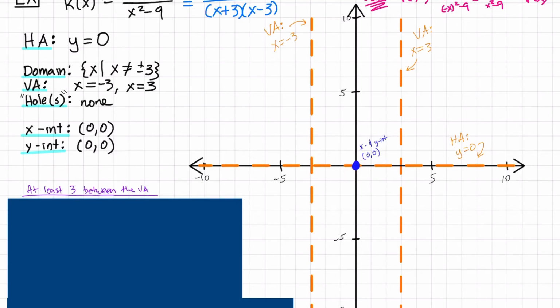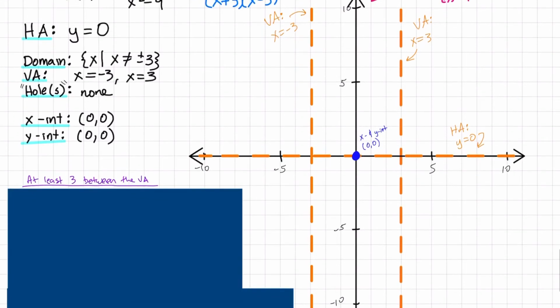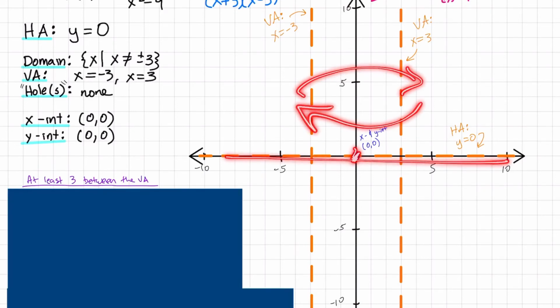Now, what this means is that if it was even, then, if you recall, it's symmetrical around the y-axis. So these asymptotes could easily swap around if it's symmetrical about the y-axis, and same thing with this ordered pair at 0, 0, if it reflects over the y-axis, it's the same thing.